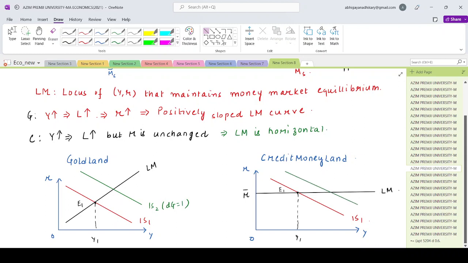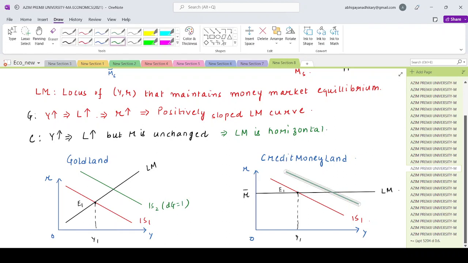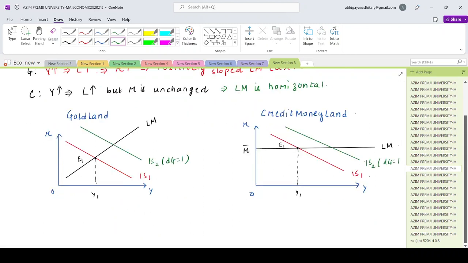So the new equilibrium rises to E2. This is YG and this is YC.